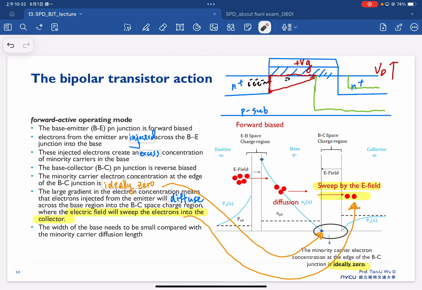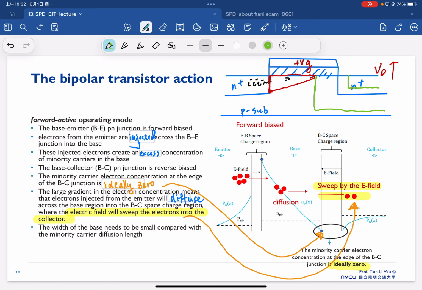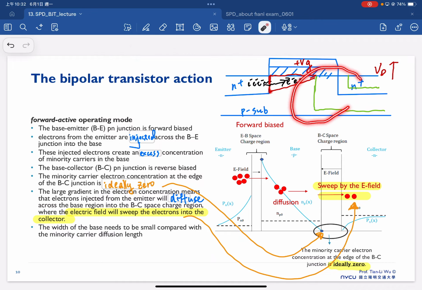So we have the electrons in the source and they start to diffuse into the channel region. And in the end, how this electron reaches the drain side is because this junction is under the reverse bias.